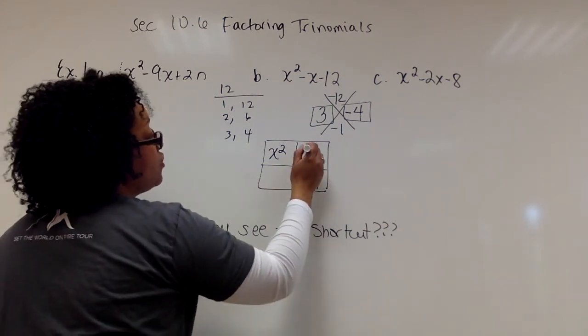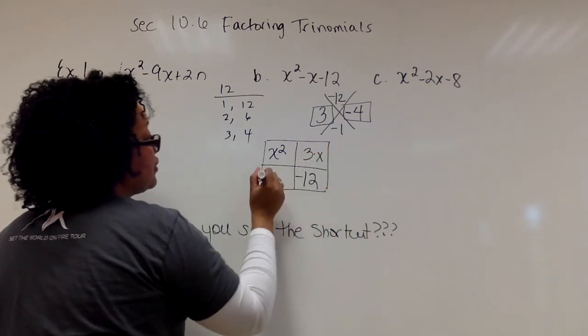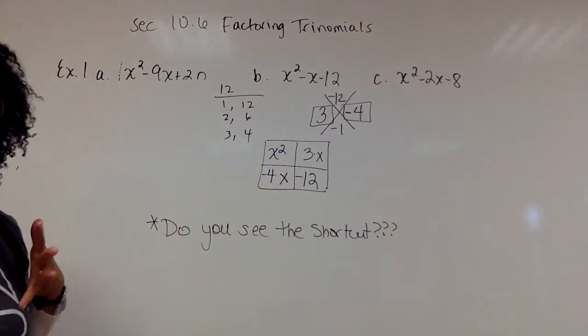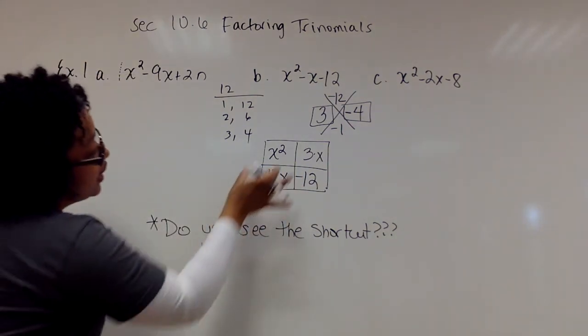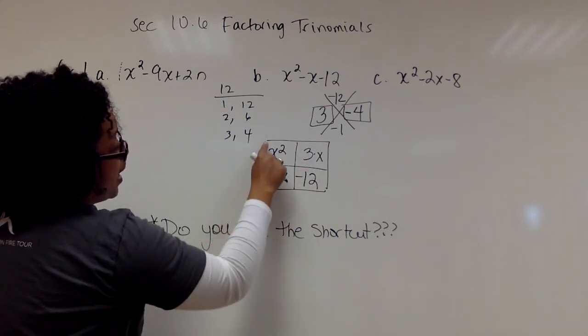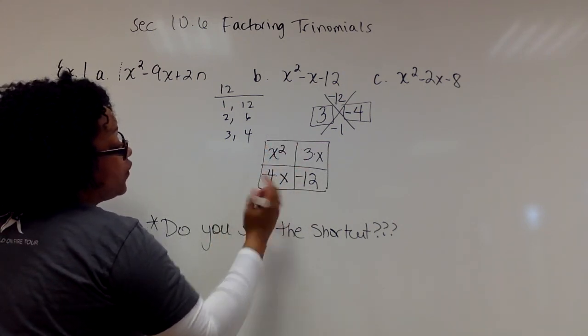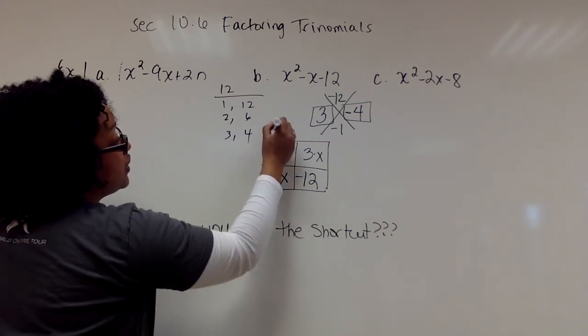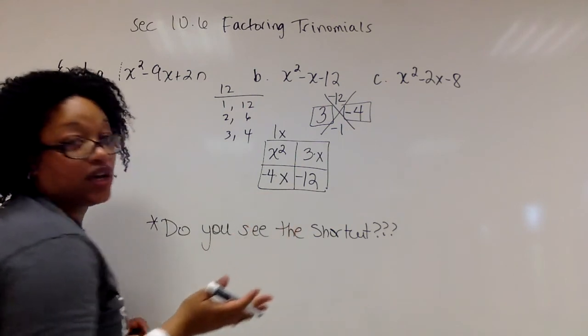Then my diagonal, x times x, is GCF time. I start here with the vertical. What is the GCF? Well, I have 1 and -4, which is just 1. GCF between my two variables, 1x. Done.